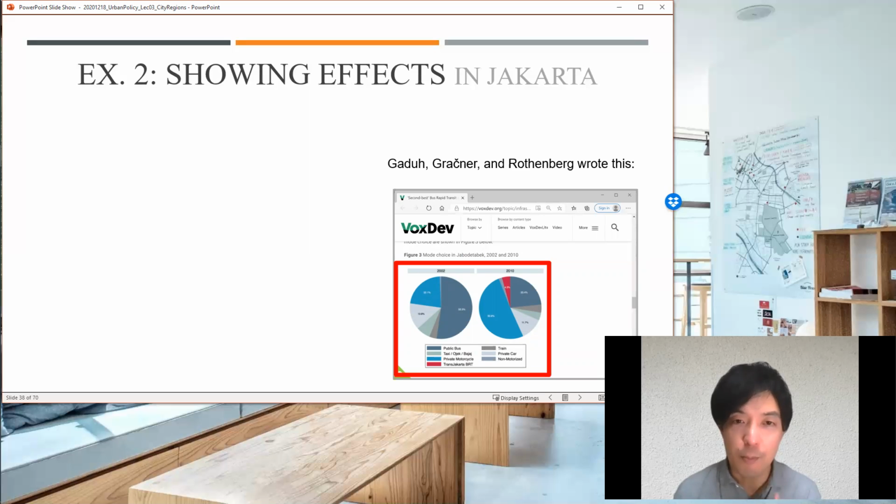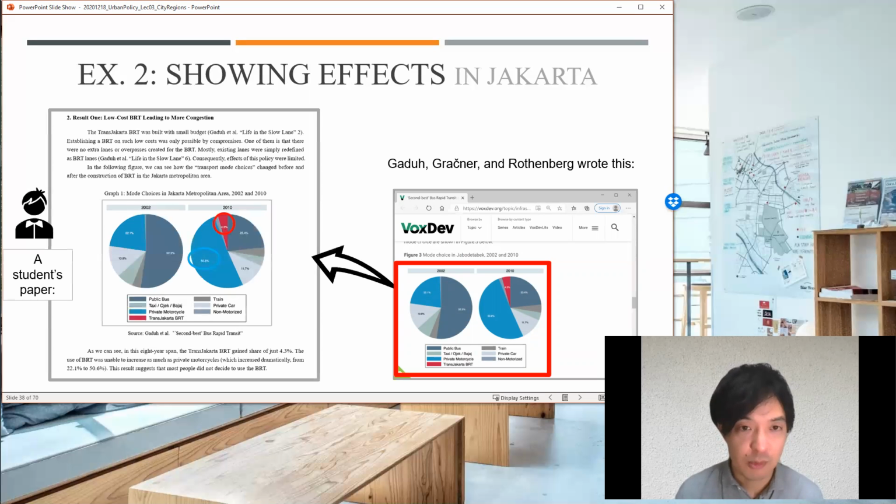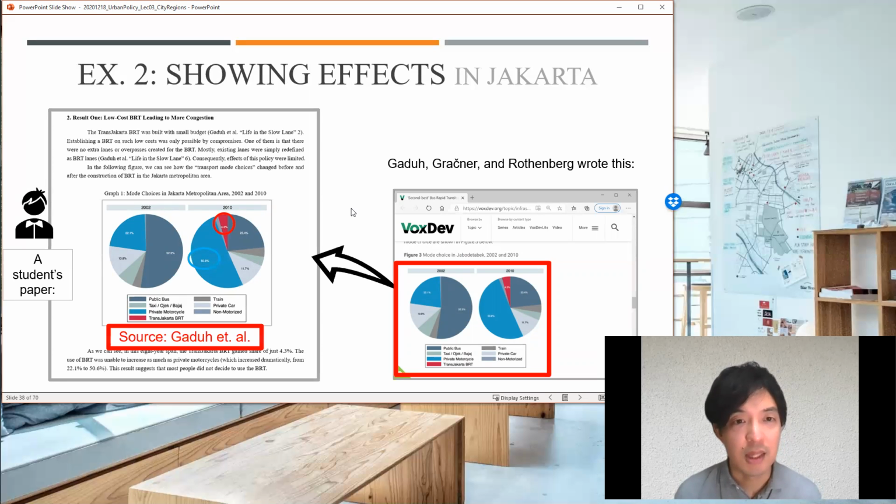So you probably want to use this graph. And of course, you can do it. A student's paper did it last year. So in his paper, the author used the graph, and they also wrote the names of the authors.